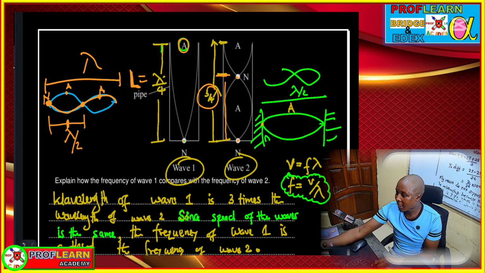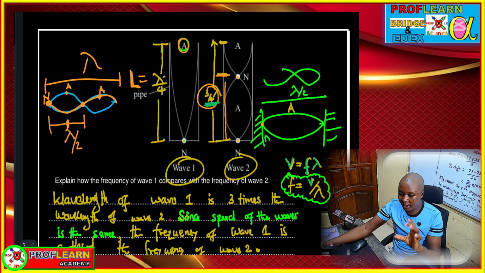So speed remains the same. You can see now, if v is equal to f lambda, then f is equal to v over lambda. So if v is constant and you increase lambda, you are going to have a smaller frequency. So this one will have less frequency and this one will have more frequency because it has a shorter wavelength.